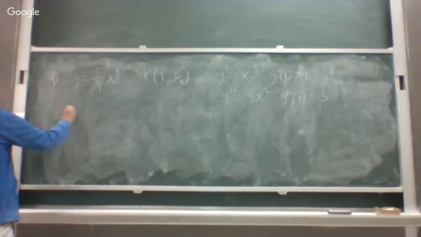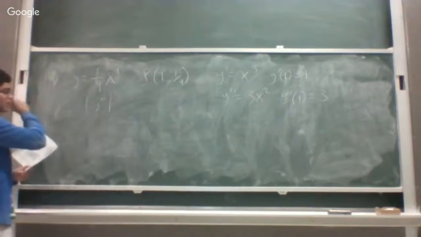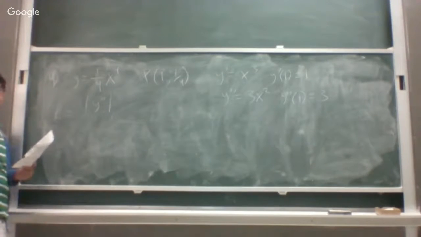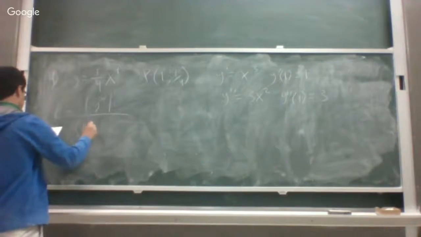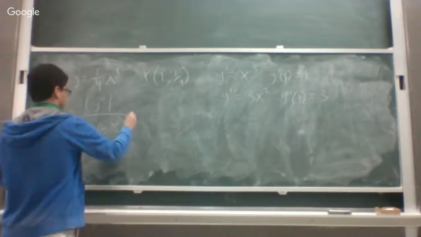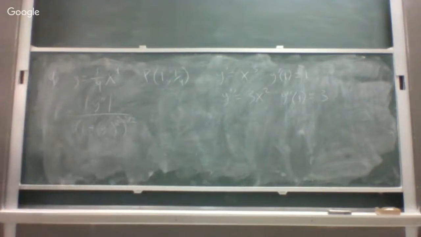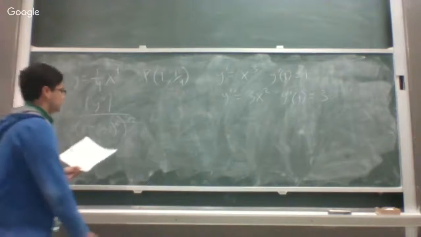Okay. They will give you this, but I recommend that you memorize this because they probably will not give it to you always. So the curvature is the magnitude of y double prime divided by the quantity of 1 plus y prime squared to the 3/2 power.